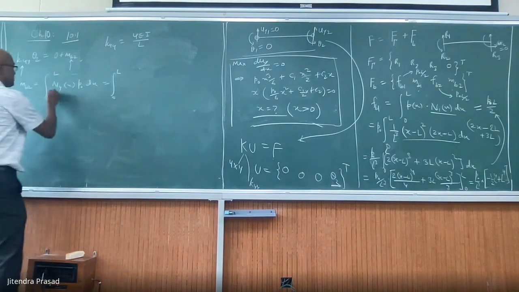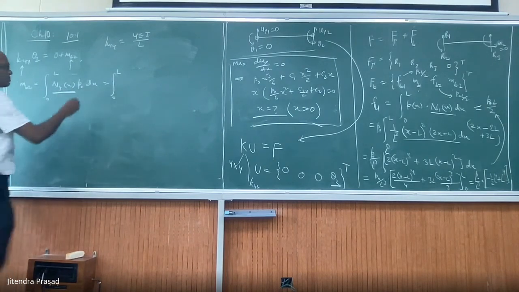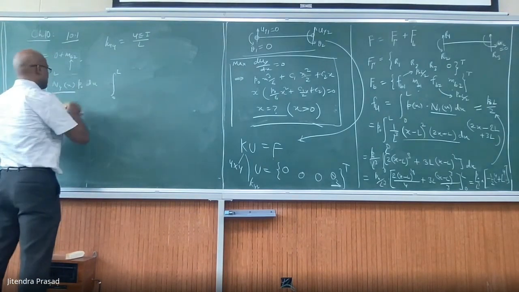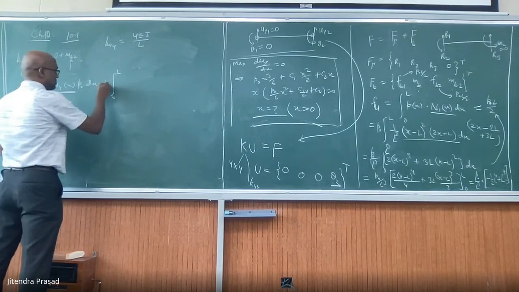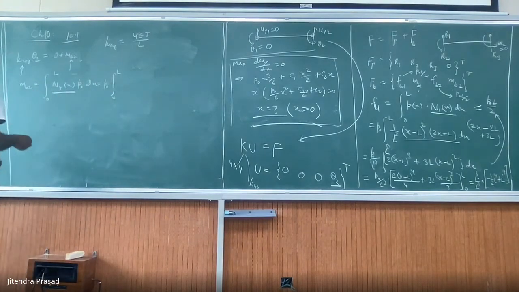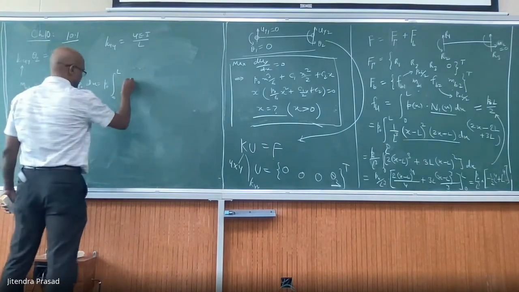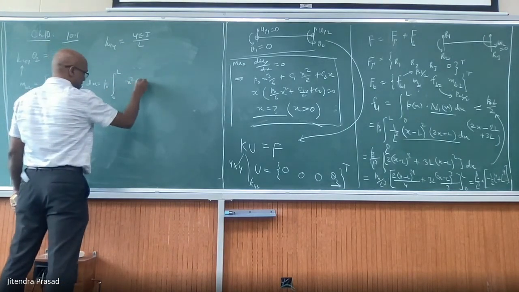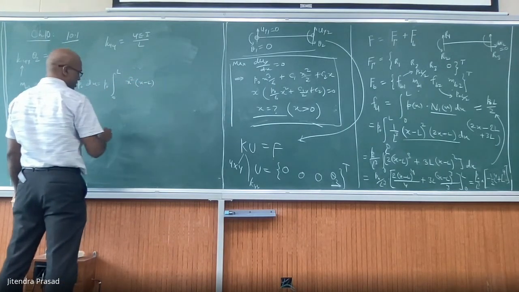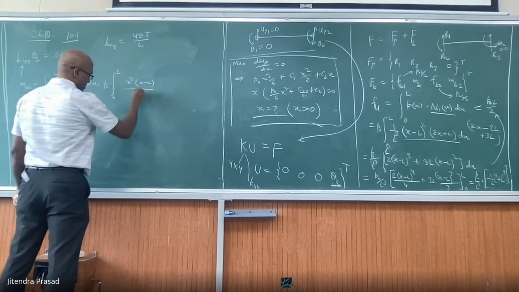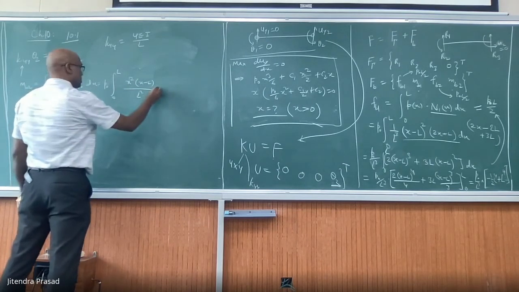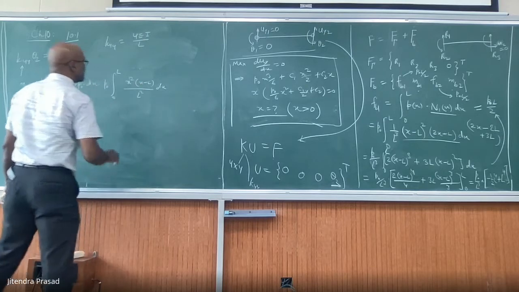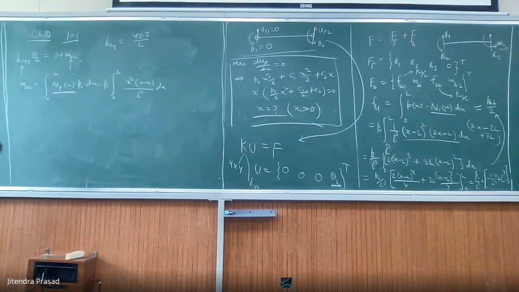Tell me what is the value of N4? N4 is x square times (x minus L) over L square. That's it. Okay, this will be easier.